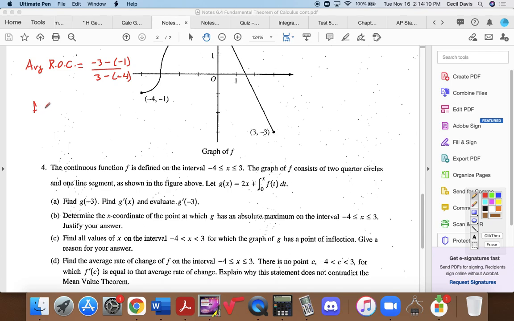Yes. f is not differentiable at x equals 0, therefore, the mean value theorem does not apply to f on the interval from -4 to 3.